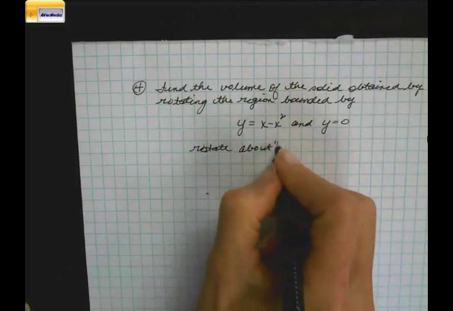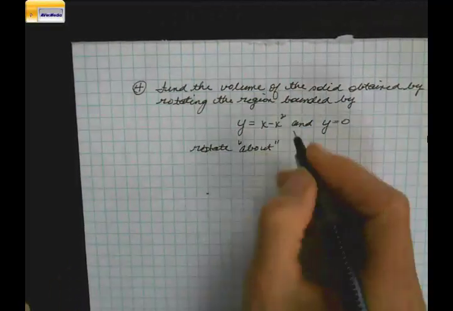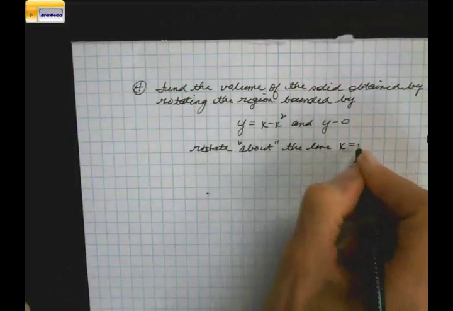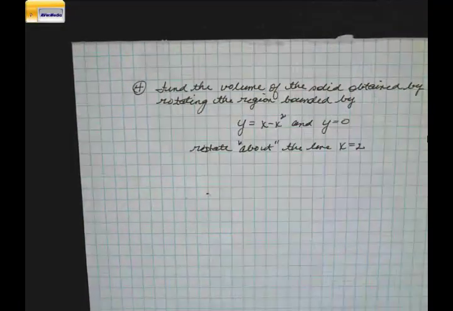Rotate about the line x equals 2. So when you see the word about, they're giving you the axis of rotation.